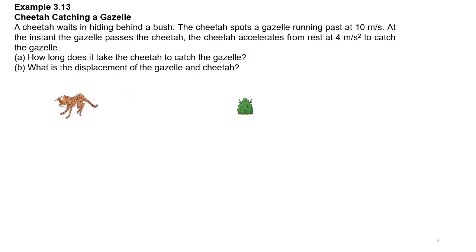It accelerates, and at some point the cheetah catches the gazelle. So we have to note that the gazelle is running at a constant speed of 10 meters per second, and the cheetah's initial velocity is 0 and it is accelerating at 4 meters per second squared.